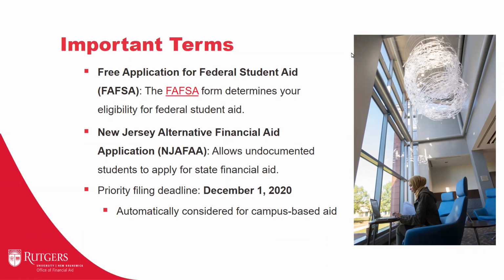Our priority filing deadline was December 1st of 2020. This deadline is not the final deadline for a student to complete the application. This is just a priority date where a student would automatically be considered for campus-based aid. So if you want your student to be eligible for the maximum amount of aid available, including campus-based aid, we have encouraged students to complete their FAFSA by December 1st of 2020.